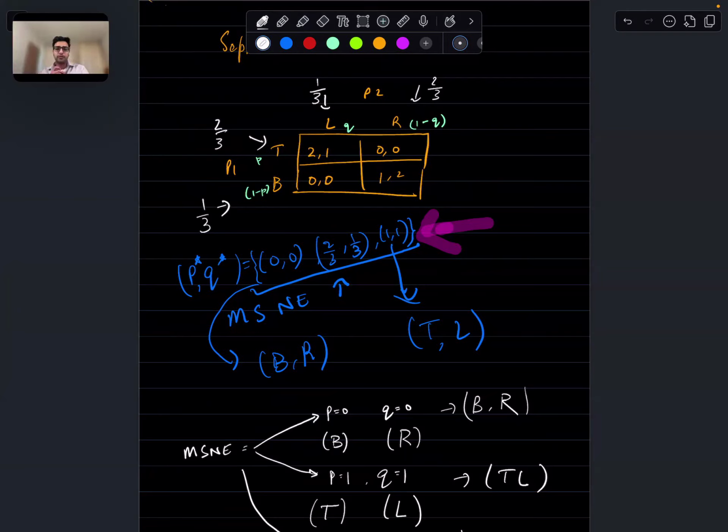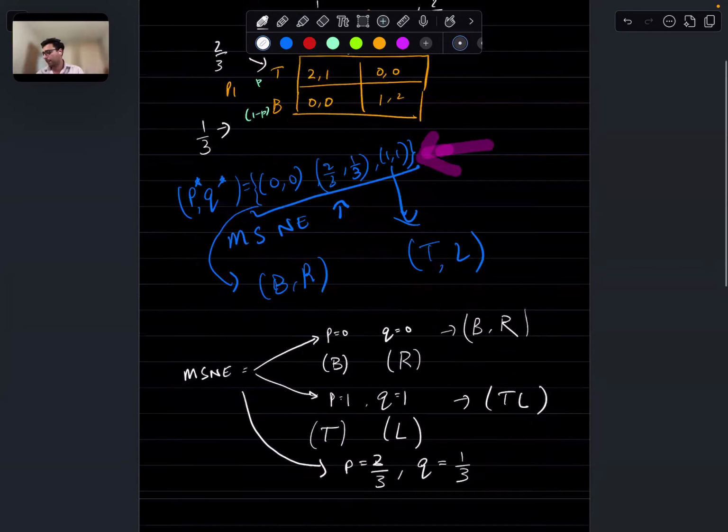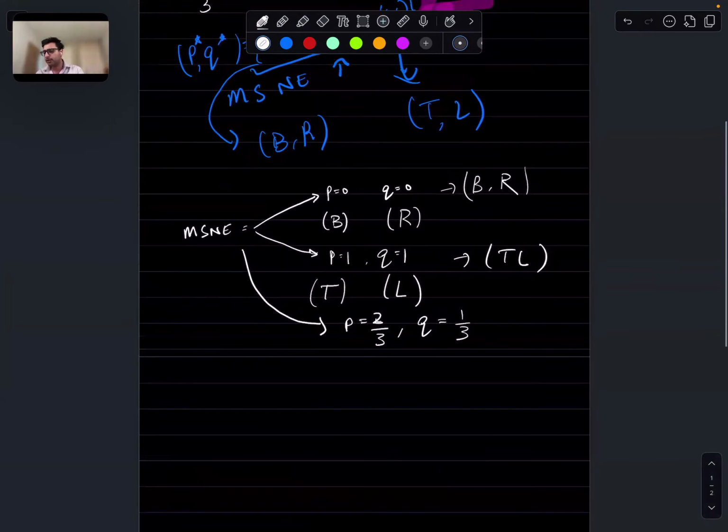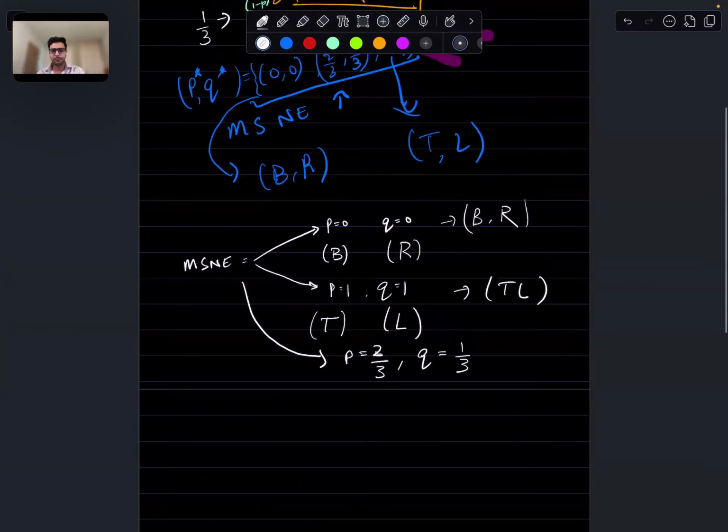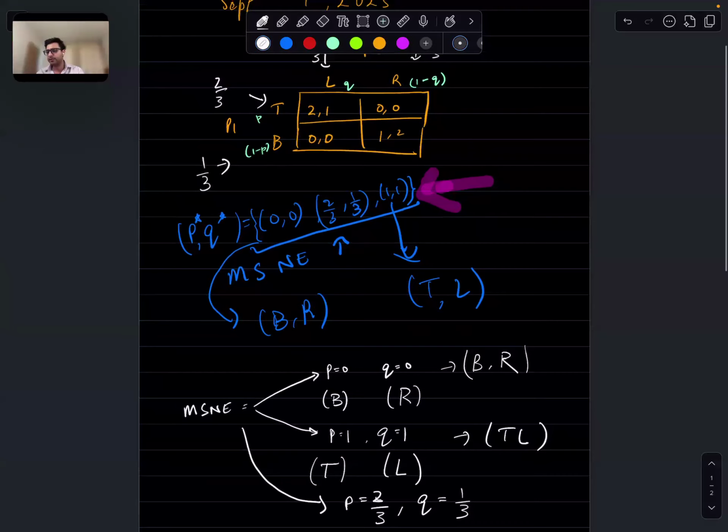So player two is choosing this mix of 1/3, 2/3 in order to make player one indifferent between top and bottom, and player one is choosing 2/3, 1/3 for top and bottom in order to keep player two indifferent between left and right. Because that's how you will have stability, that's how you will have an equilibrium.